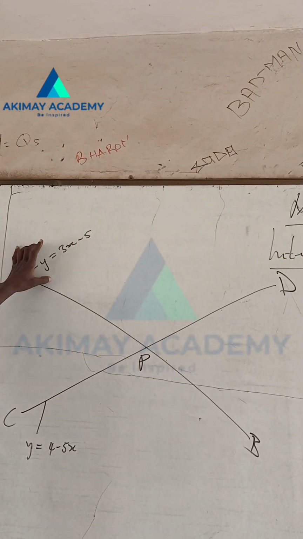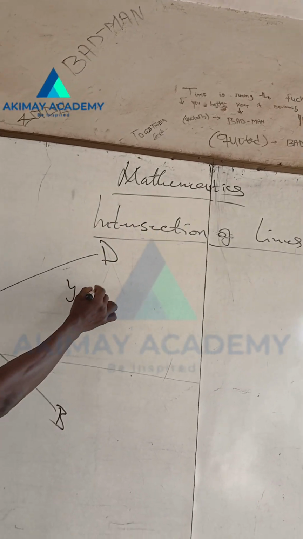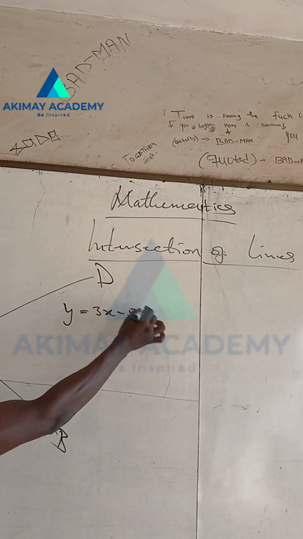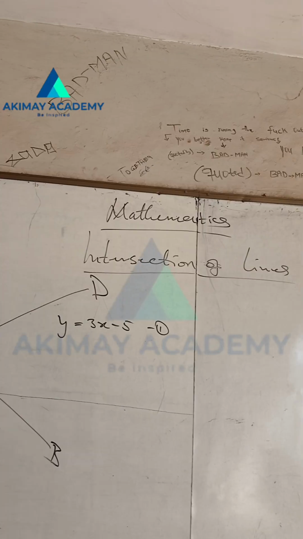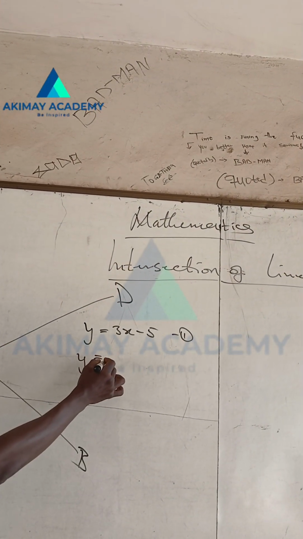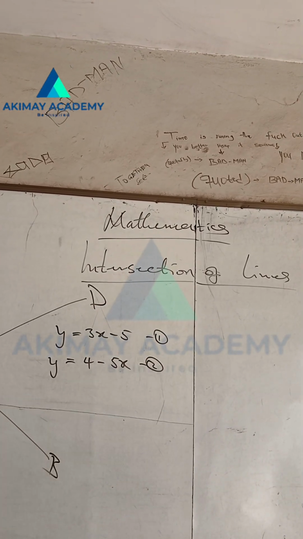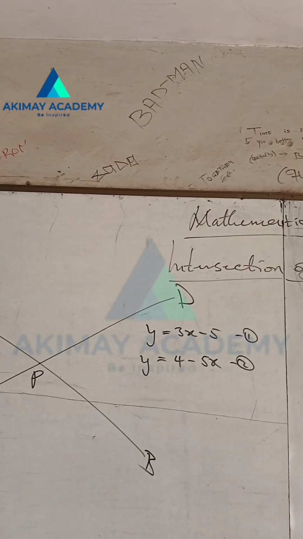So we have our first equation over here, which is y equals 3x minus 5, equation 1. Then the second equation, this becomes our equation 2. So what do we do over here?